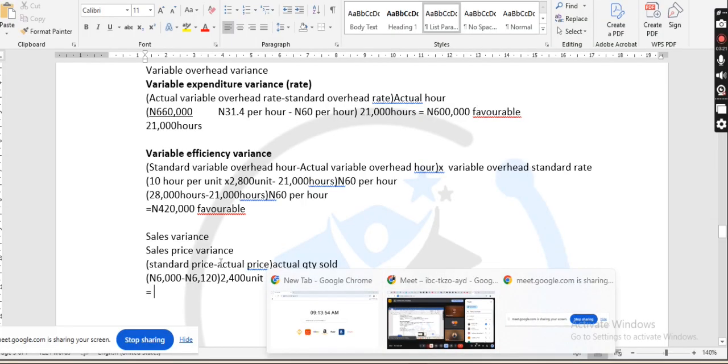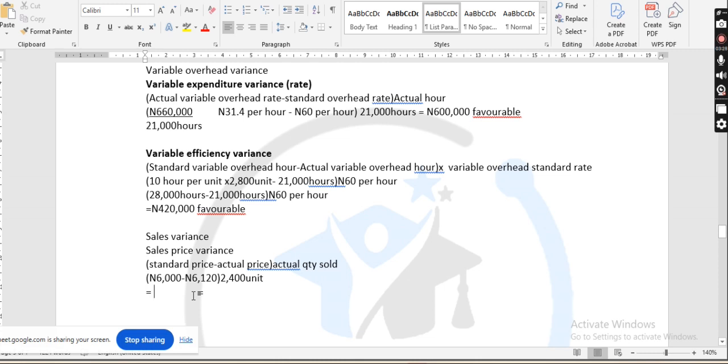You are making more money. You sell a standard of 6,000 and you sell at 6,120. Right? You make more money.